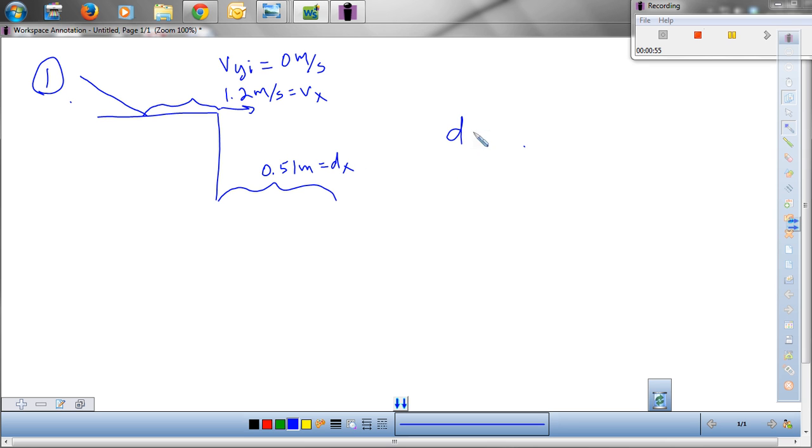Alright, well, dx equals Vx t. So 0.51 meters is equal to 1.2 meters per second times t. So the time is going to be 0.51 over 1.2 meters per second.